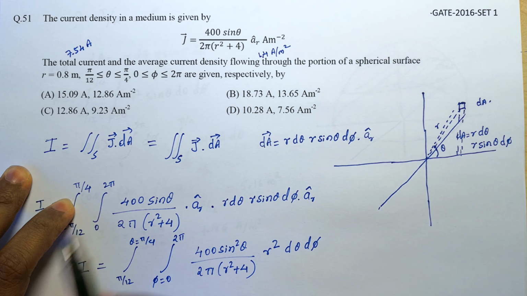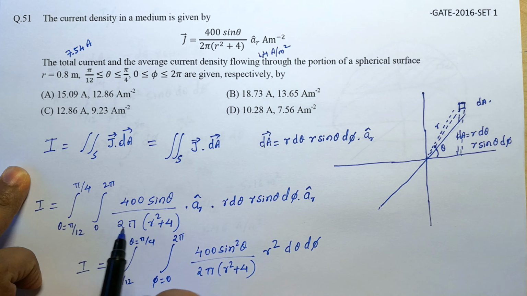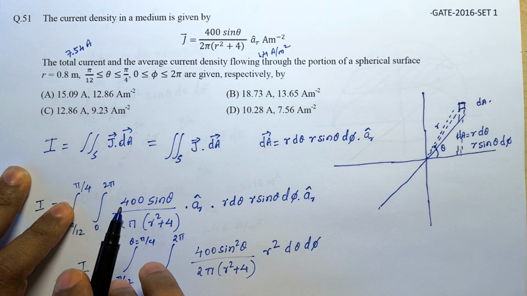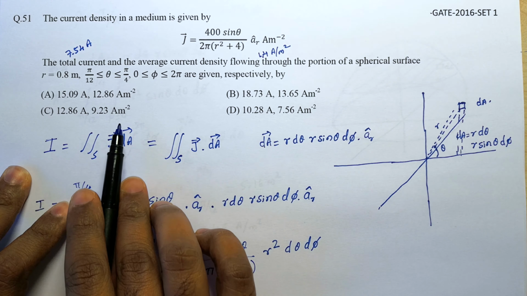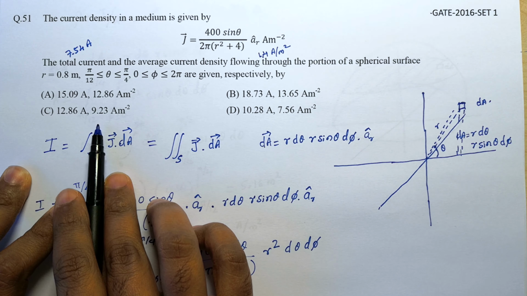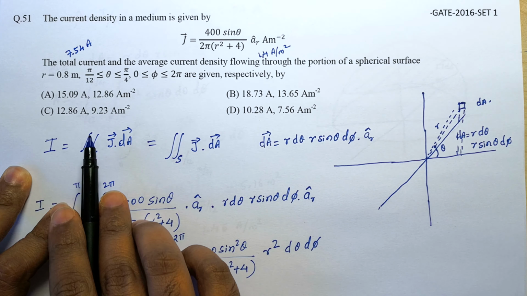So I may be wrong in solving this question. If I am, please point out the mistake. Otherwise, I think what I got is the right answer, and there was some mistake in the question itself. That's why they have not given this option.